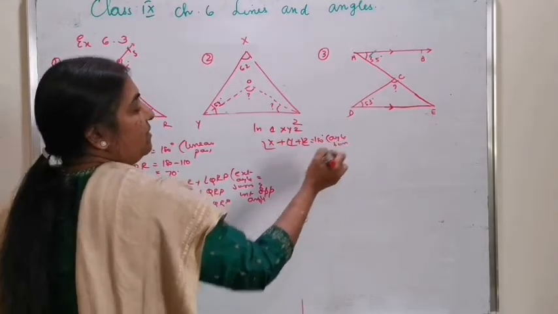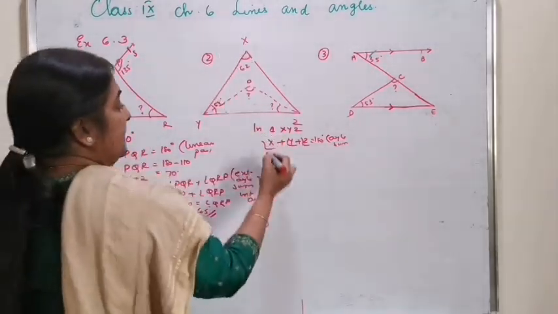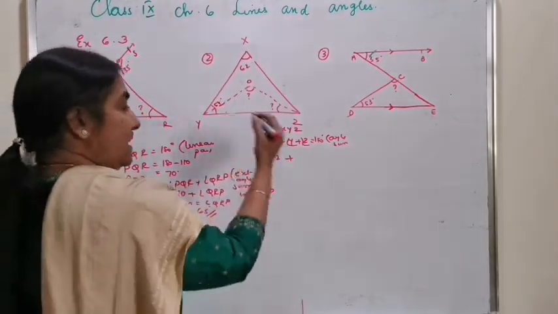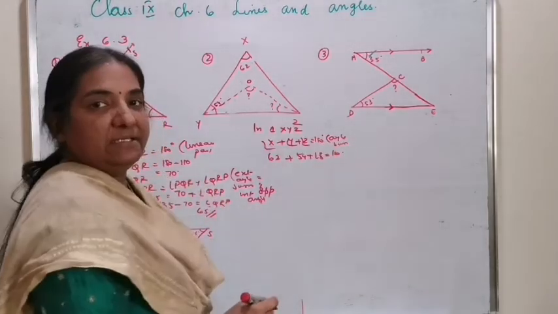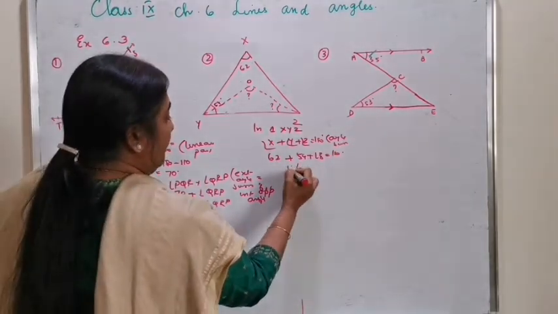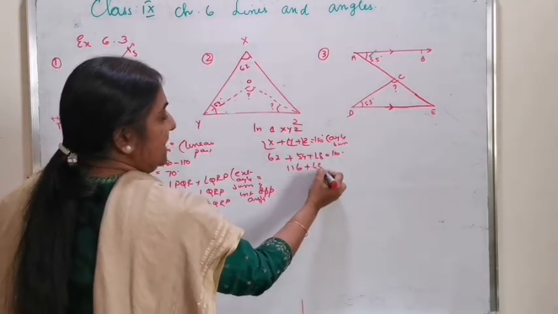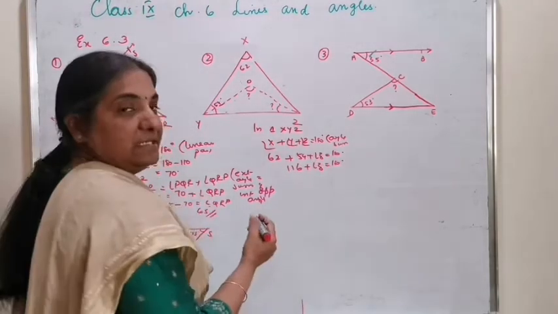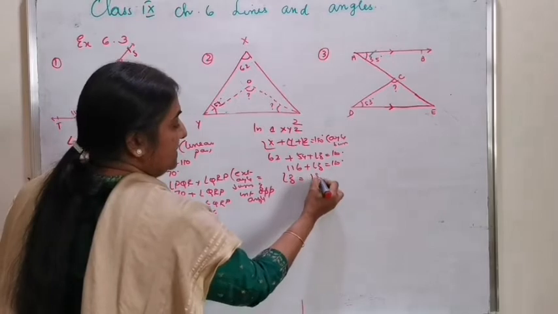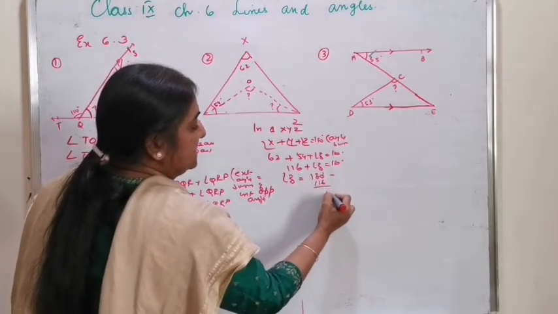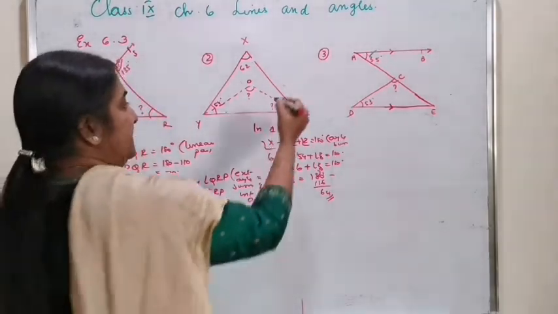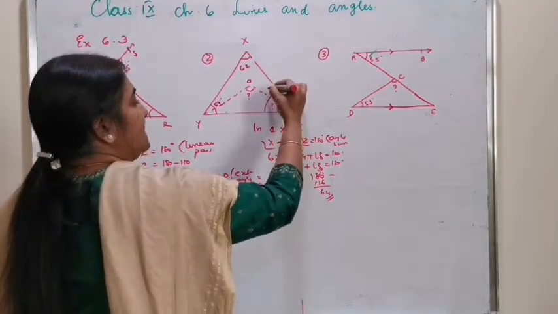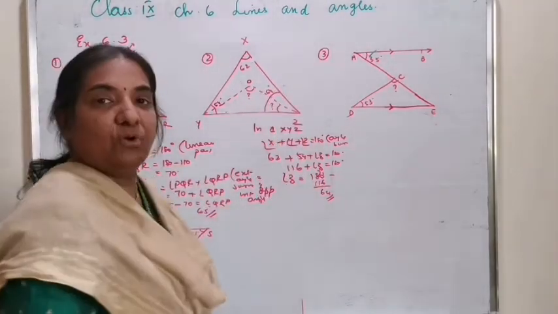Angle sum property of triangle. Angle X is given as 62, angle Y is given as 54, so 116 plus angle Z is equal to 180, or angle Z is equal to 180 minus 116, which is equal to 64 degree.